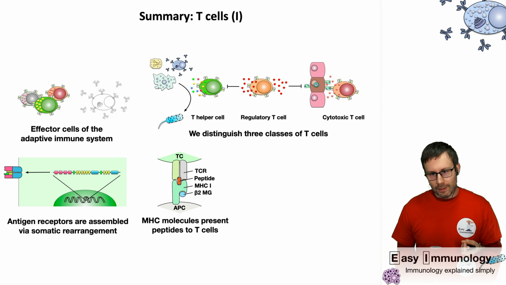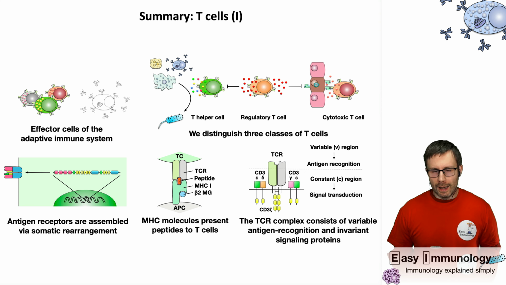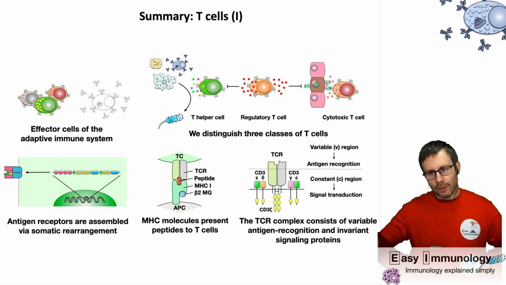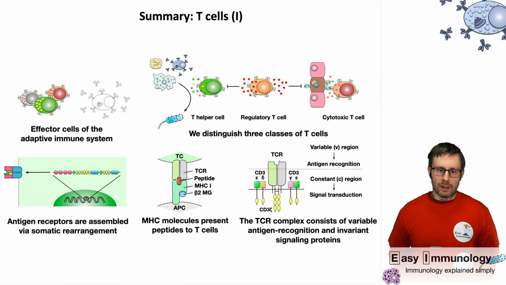We also learned that the T-cell receptor binds to peptides in combination with MHC molecules, and it recognizes both the peptide and the MHC molecule. And finally, we learned that the T-cell receptor consists of a variable region that is different for every T-cell receptor and is responsible for binding different peptides, and a constant region that then transmits the activating signal.